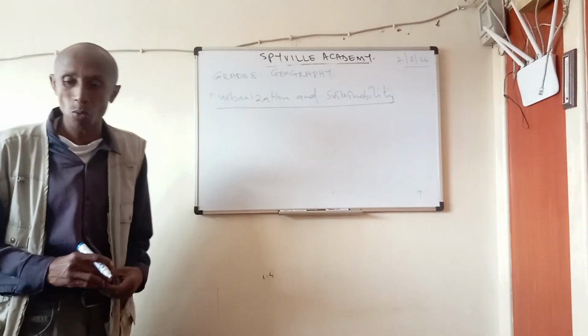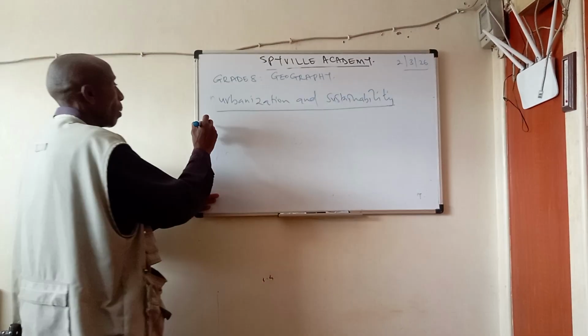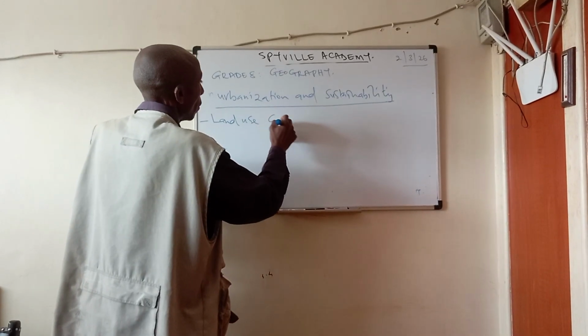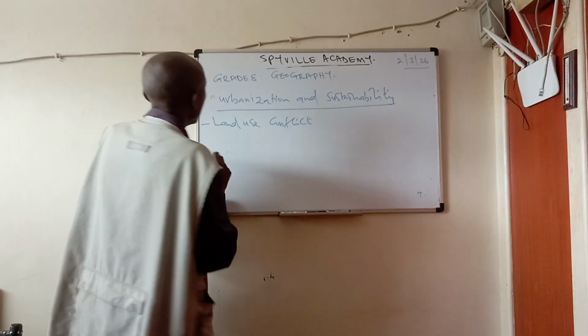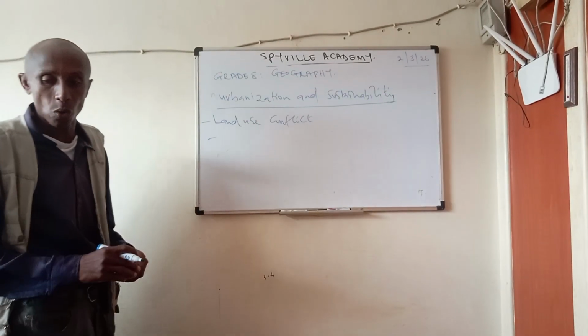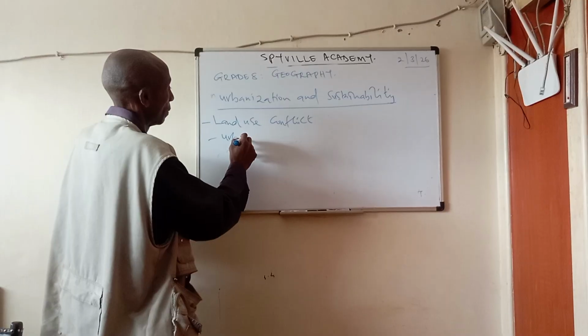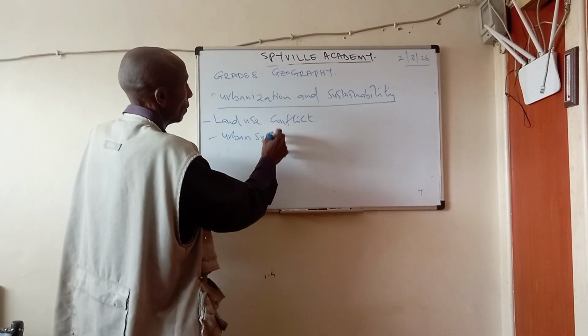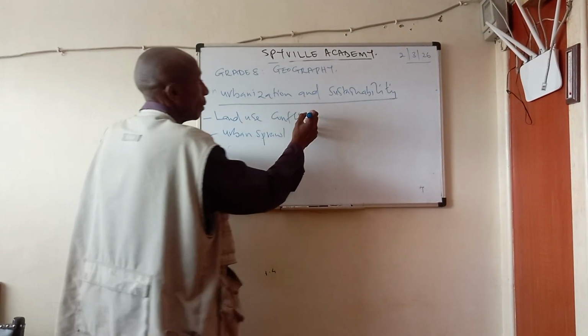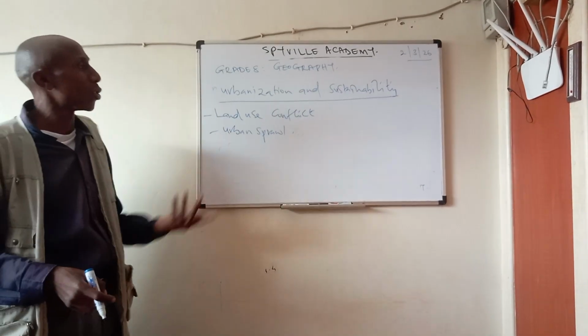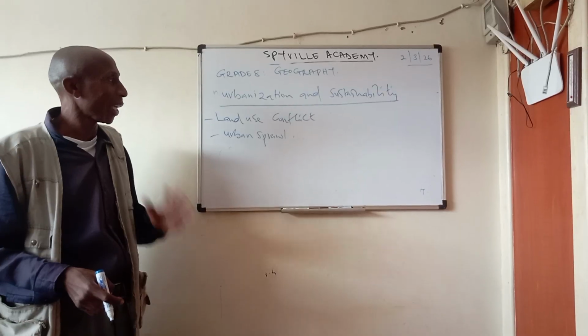Sometimes things to do with land use conflict also lead to urbanization. You also have what you call urban sprawl. And all these are influenced by the availability of resources and the economics of an area.